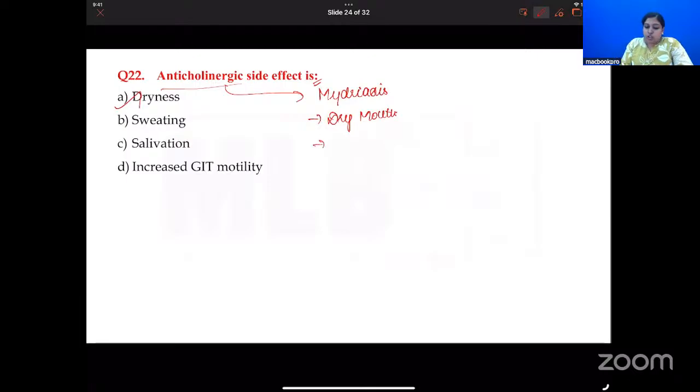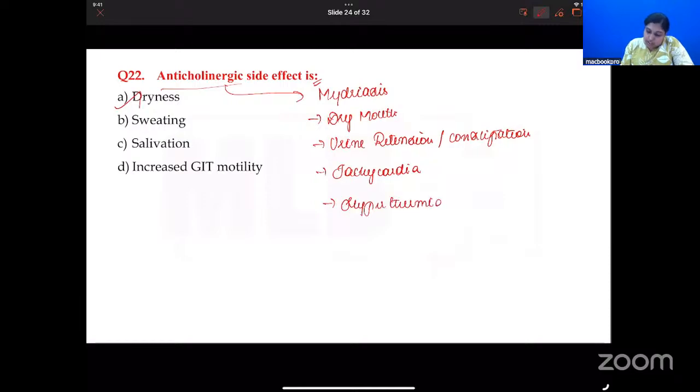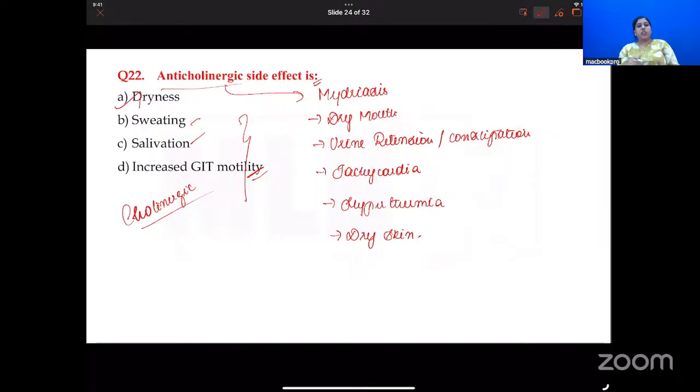Dry mouth, urine retention, constipation, tachycardia, and hyperthermia, and again dry skin, which is already listed in the options. Sweating, salivation, increased GIT motility are cholinergic effects. See, anticholinergic and cholinergic, that's how you have to study so that you can remember it so easily. Next, we will go to the next question.